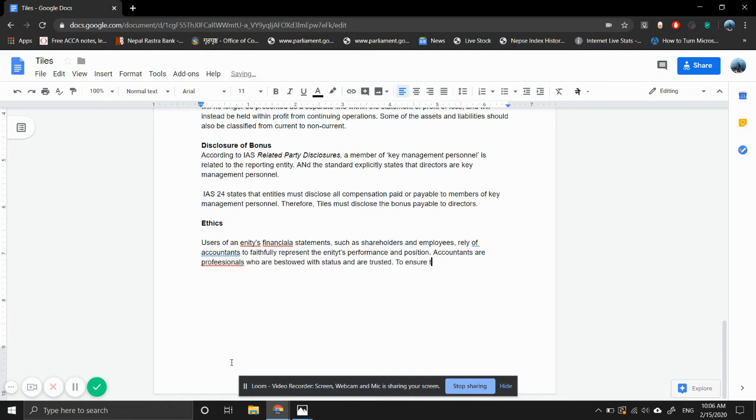To ensure that this trust is not broken, accountants are bound by ACCA's code of ethics and conduct, right?